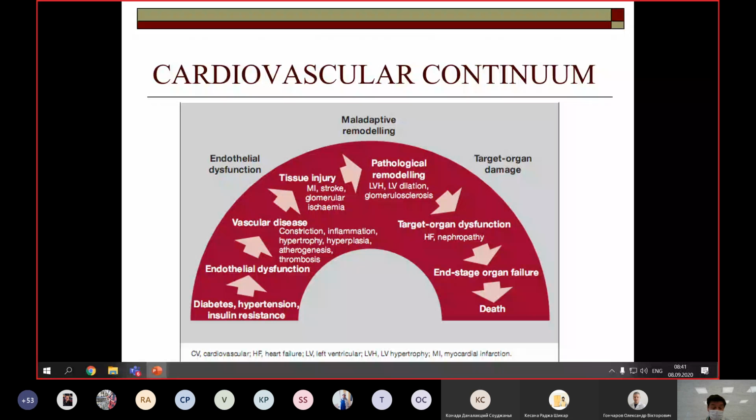Please pay attention that cardiovascular risk factors, including diabetes, arterial hypertension, and insulin resistance, can lead to endothelial dysfunction and occurrence of other vascular disease, and lead to target organ damage that includes maladaptive vascular remodeling and chronic kidney disease. All these processes result in end-stage organ failure and directly lead to death.